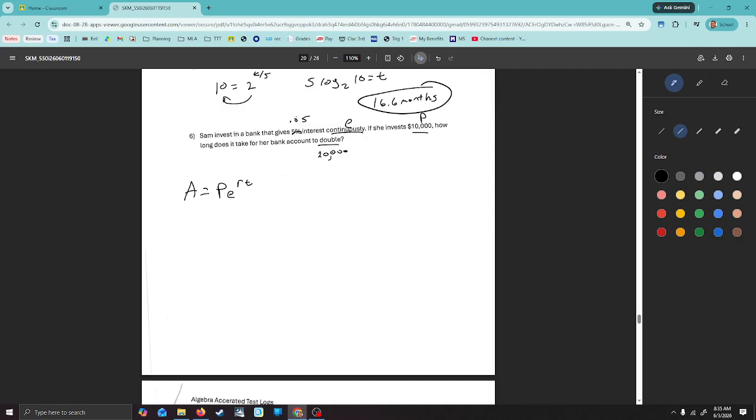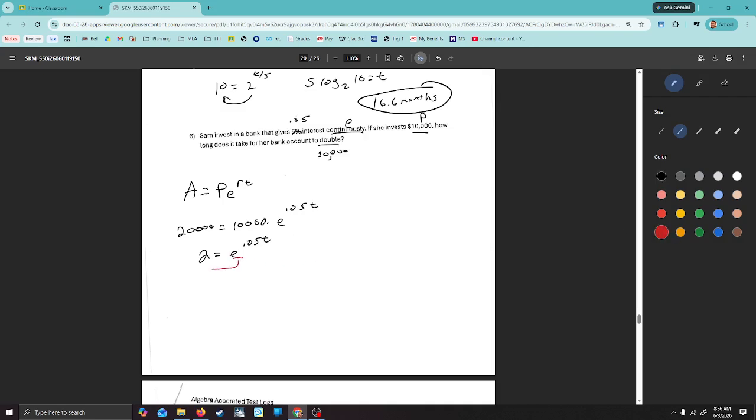This is for compound continuous. So in this case, it is 20K equals 10K times E to the RT, which is 0.05T. I'm going to divide 10,000 on both sides. So 2 equals E to the 0.05T.